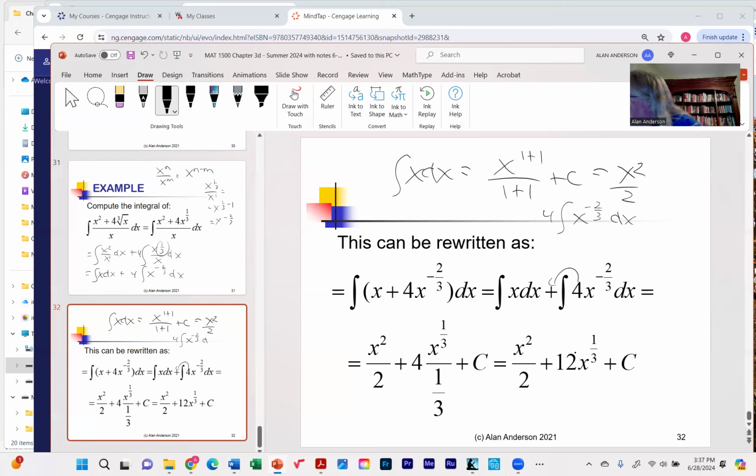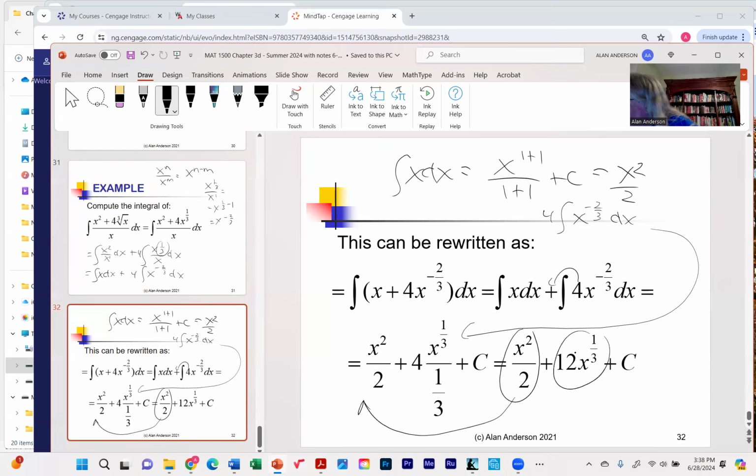In the numerator, I'll have x to the 1/3 over 1/3, which is the same thing as multiplying the entire expression by 3. So I have x squared over 2. This one works out to be 12 times x to the 1/3 power. And then we have our constant.